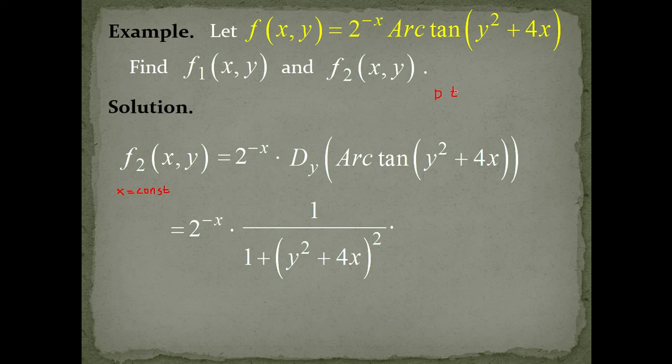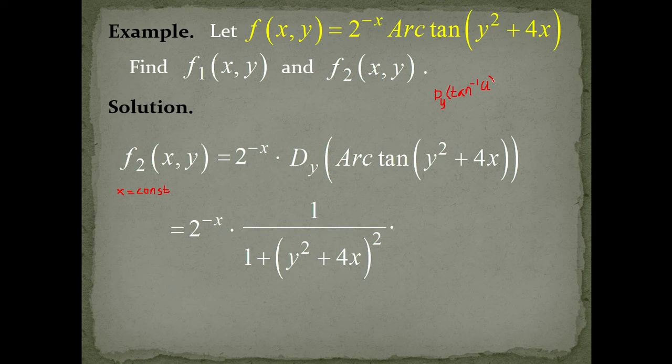So tangent, and we have here the -1, right? So derivative of arctangent u, okay, this time with respect to y. So we have here this.